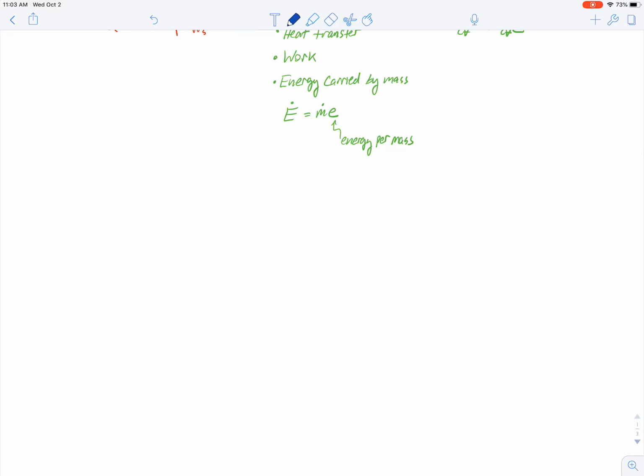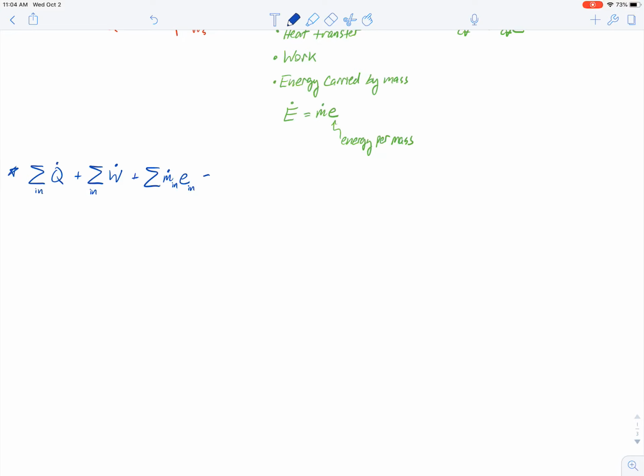So I will move down, and I've got now the sum of all heat transfer entering plus the sum of the rate of all work coming in. I also have the sum of all energy being carried by the fluid as it's entering.